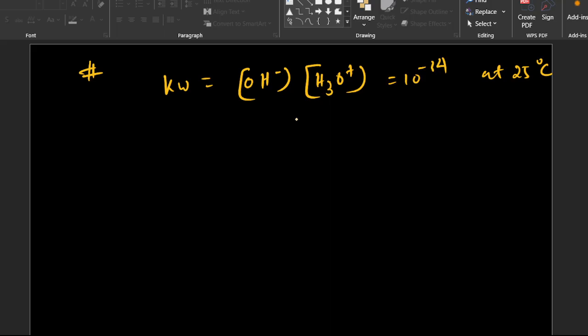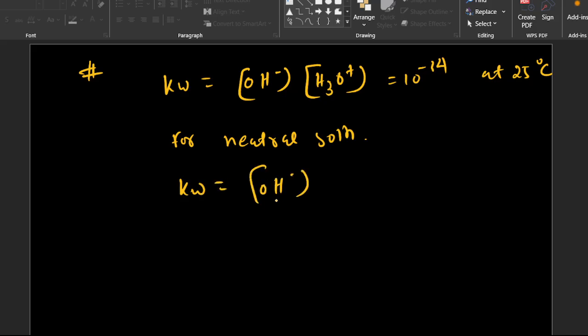Okay, so for a neutral solution, OH minus concentration equal to H3O plus concentration.